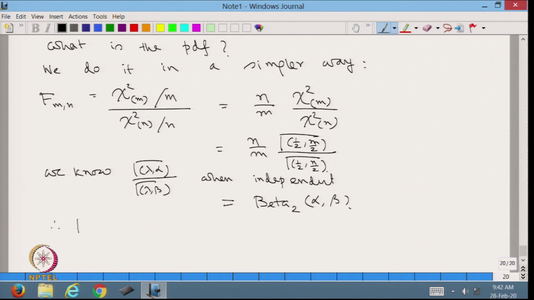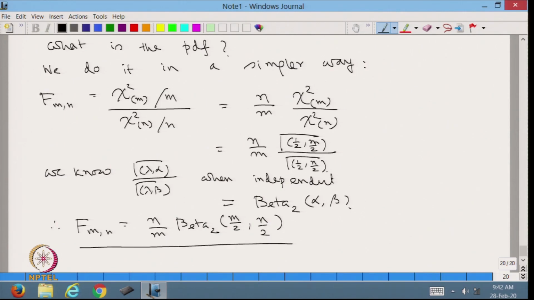Therefore, F m n is equal to n by m times Beta 2 distribution with parameters m by 2 and n by 2. Thus, from two variables we convert it into one variable.